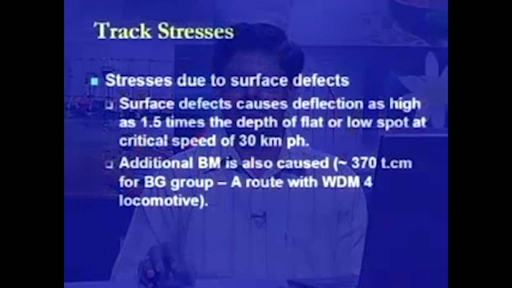If that happens, it will also create stresses, and at the same time it will be harmful for those rail sections because of the battering action of the wheel at that point. So, these are the different types of stresses which are there.